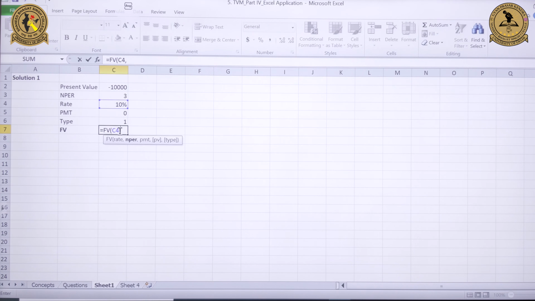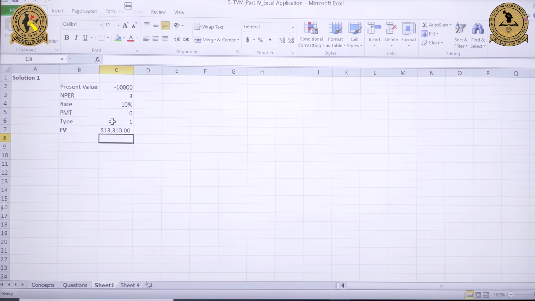Then it is asking for NPER, which is 3, PMT, which is 0, then present value, which again is minus 10,000. So I just need to click on this cell C2. And the type is, since the payment is made at the beginning of the period, 1. Alternatively, I can also write 1 directly in this case. Bracket close and enter.